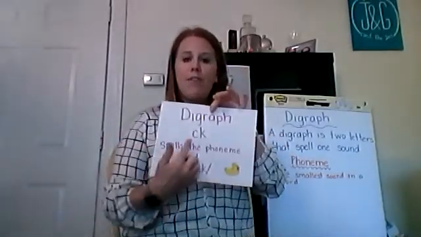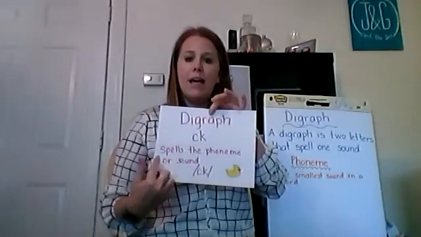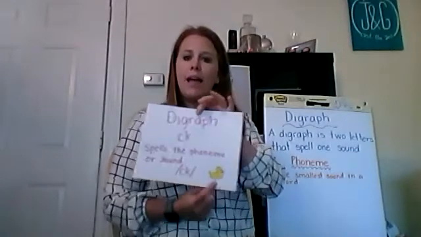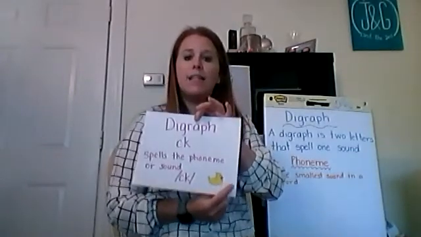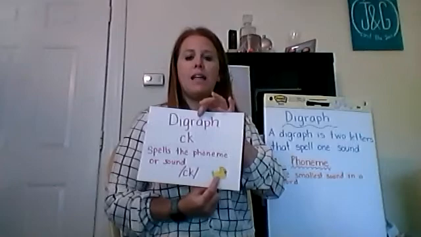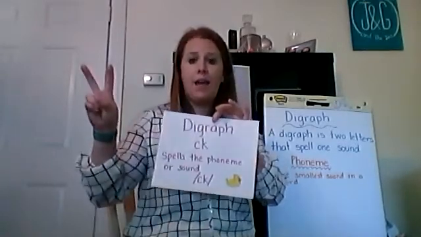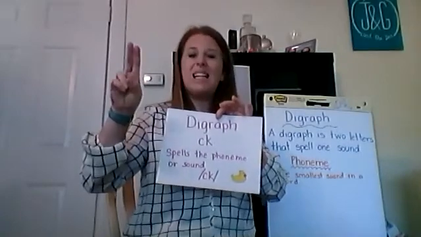So the digraph CK spells the phoneme or the sound k, like duck. So we have that k sound at the end. So C and K come together to make k.